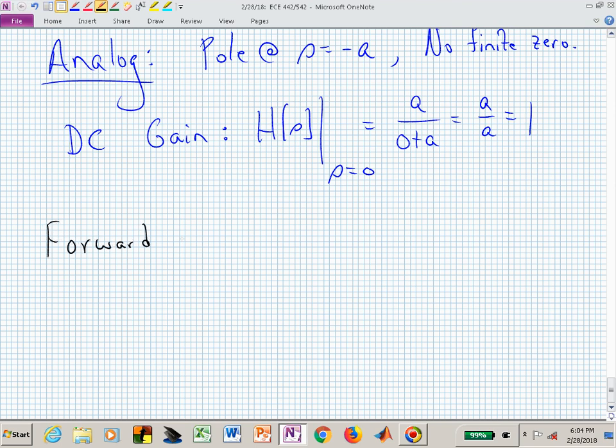We now want to do the forward rule to find a discrete equivalent.